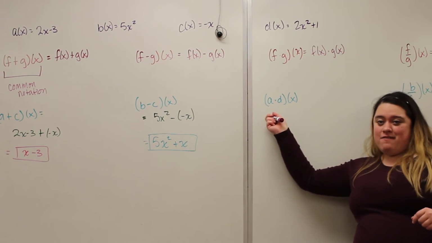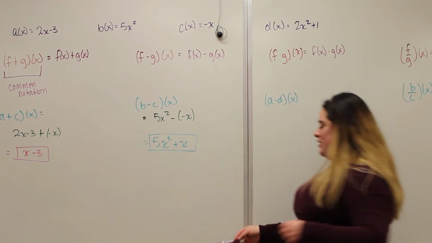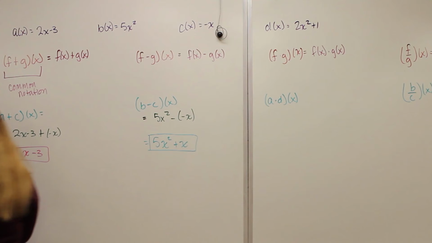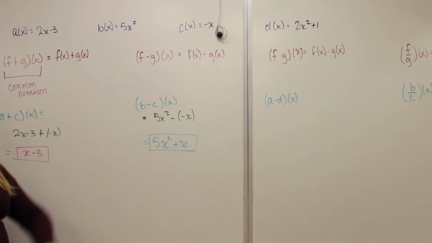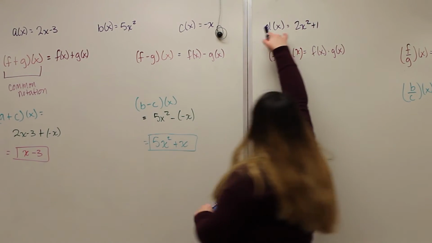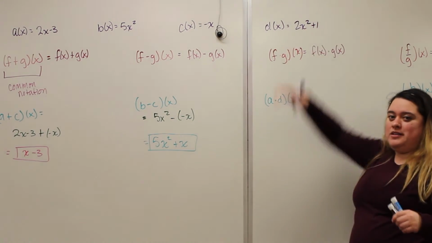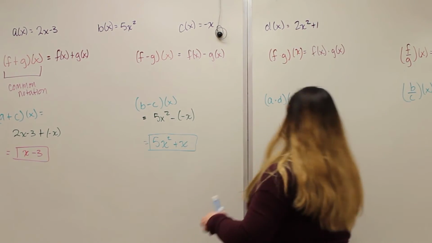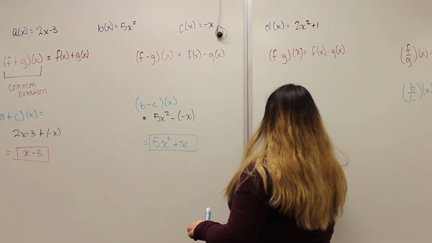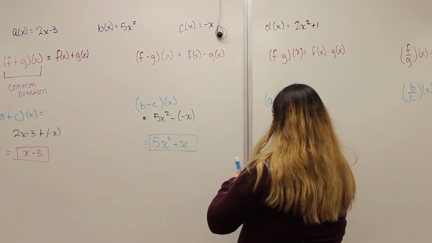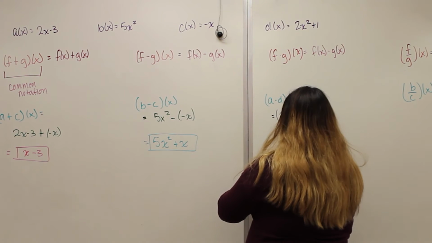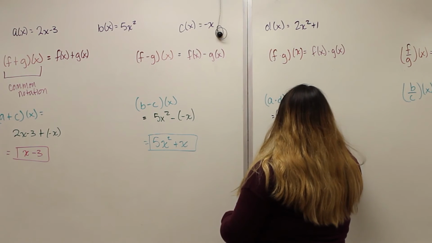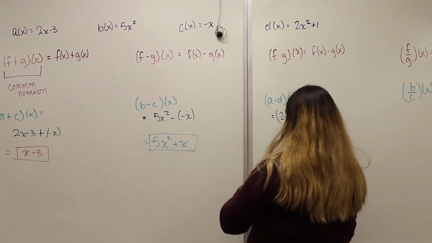Let's find a(x) and d(x) and multiply those two functions together. a(x) is 2x minus 3, and d(x) is 2x squared plus 1. So 2x minus 3 is getting multiplied by 2x squared plus 1.